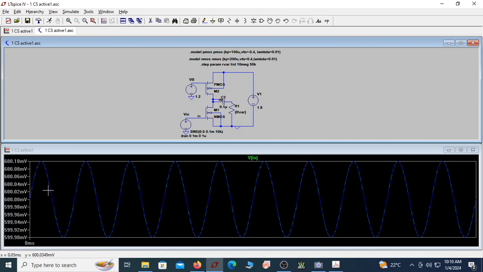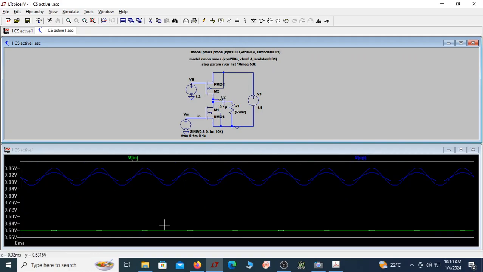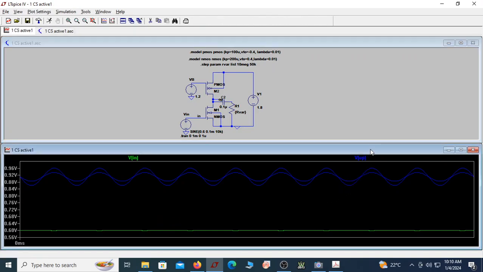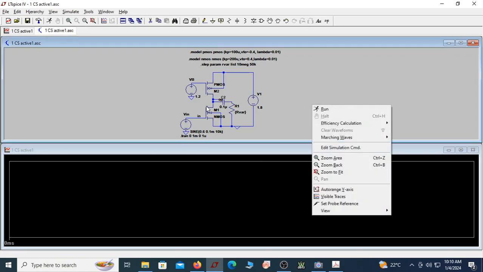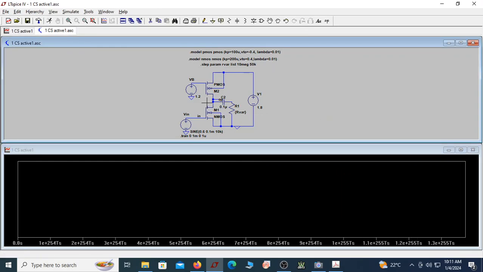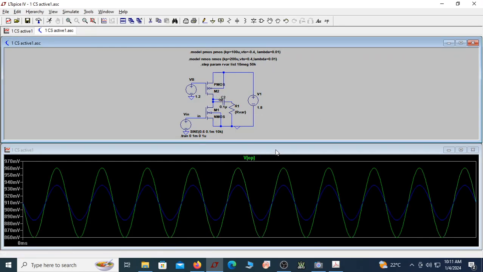I know the input voltage is shifted by 0.6, and there I'm applying the input voltage, and this is my output. I'm not too much interested in the input, so let me take out the input here. How do I take it out? You delete it. Okay, sorry, I deleted the output. Let me do it again. Now I'll see. Fine.